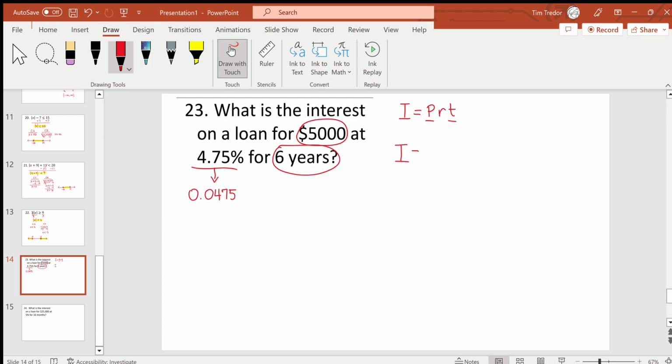So I have interest equals $5,000 times our rate, and we're going to multiply that by the number of years, so 6.